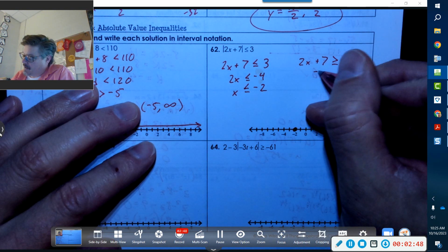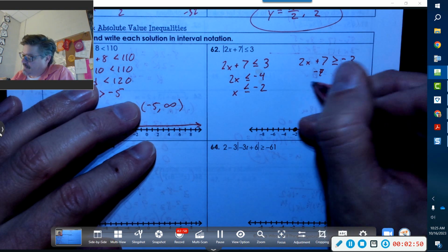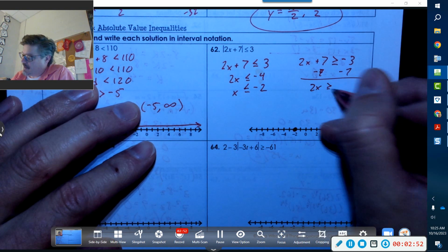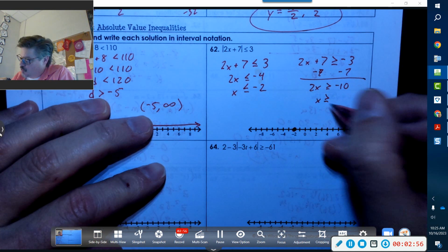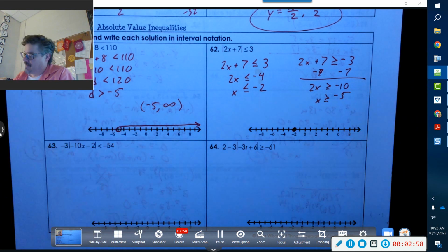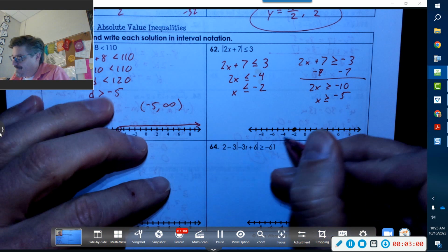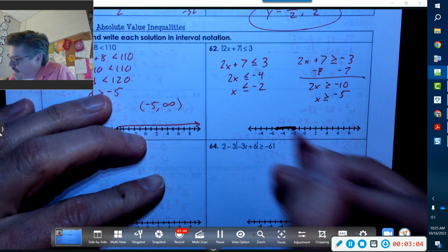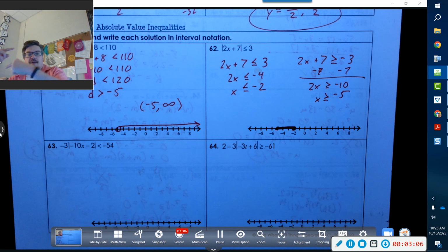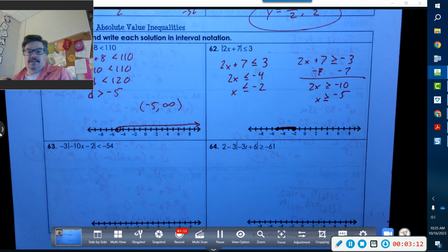And then over here, I'm going to mark 7 minus 7. 2x is greater than negative 10. So I'm going to divide by 2. So that would be negative 5. So now I'm greater than negative 5. So that's good. I'm greater than negative 5, but I'm less than negative 2. And there's our sandwich. All right, that's great.